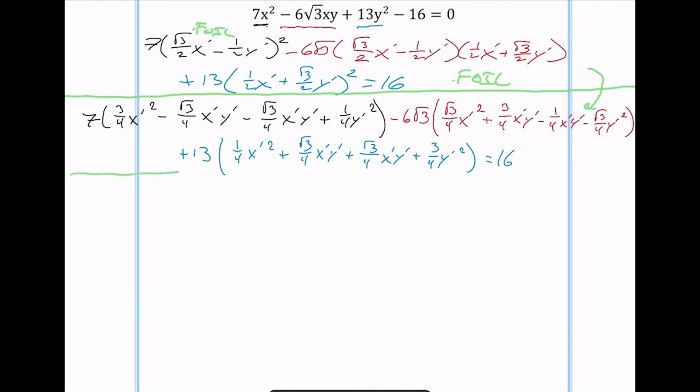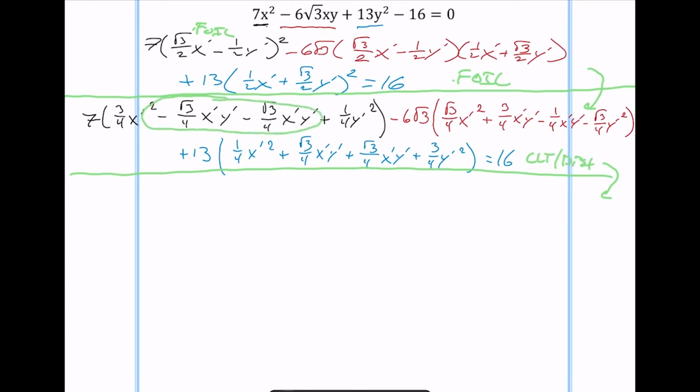And I think in going down to the next line, what I'll do is I will combine like terms and distribute. I'm going to combine like terms, basically the O and the I terms of the foiling process.